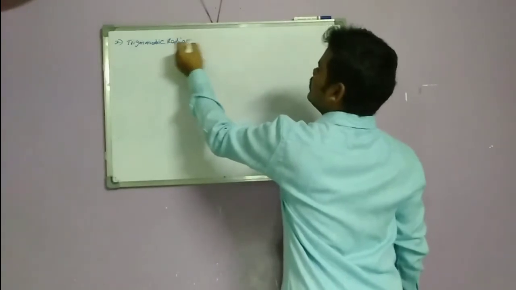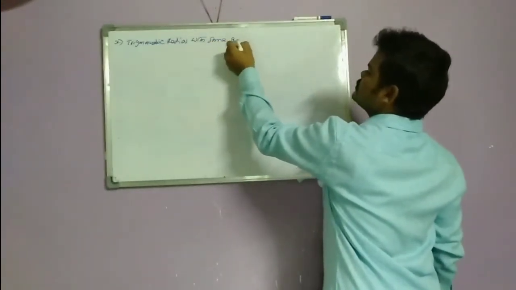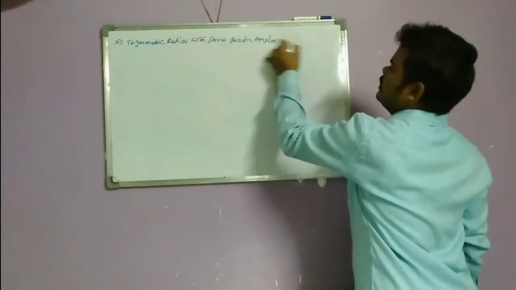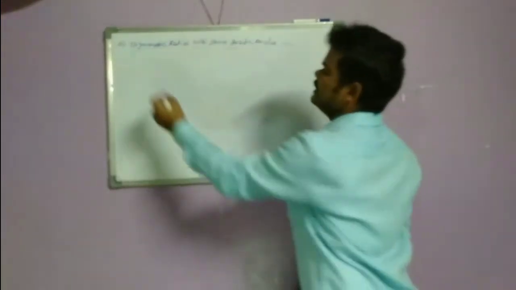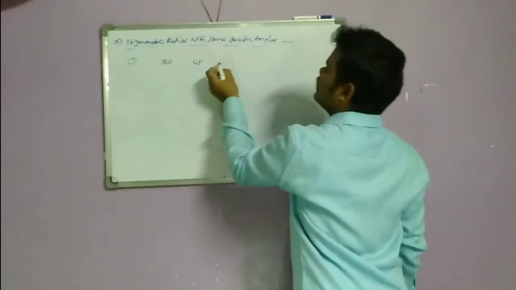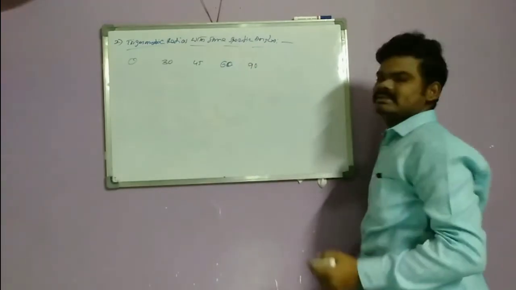In this topic, we are introducing the angles 0, 30, 45, 60 and 90.